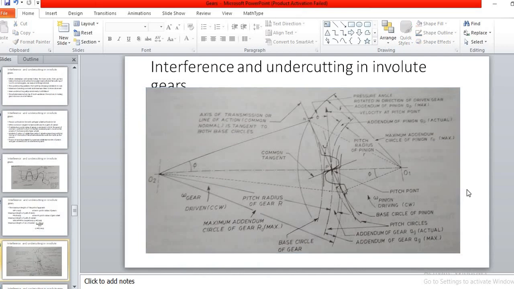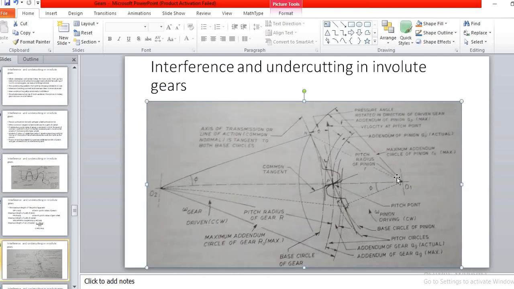So to study this interference, we consider these cases: the original addendum for each gear, and that addendum extended, to study interference in these involute gears.